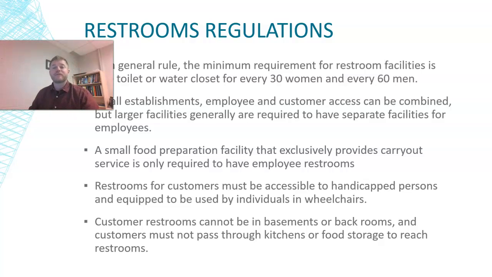A small food preparation facility that exclusively provides carryout is only required to have an employee restroom, versus restrooms for customers, which must be acceptable to handicapped persons as well. So let's say you have your 5 individual restrooms: you make them all handicap accessible, or rather you make 1 or 2 of them, which would probably make more sense as far as the cost is pretty steep, depending, of course, on the location.